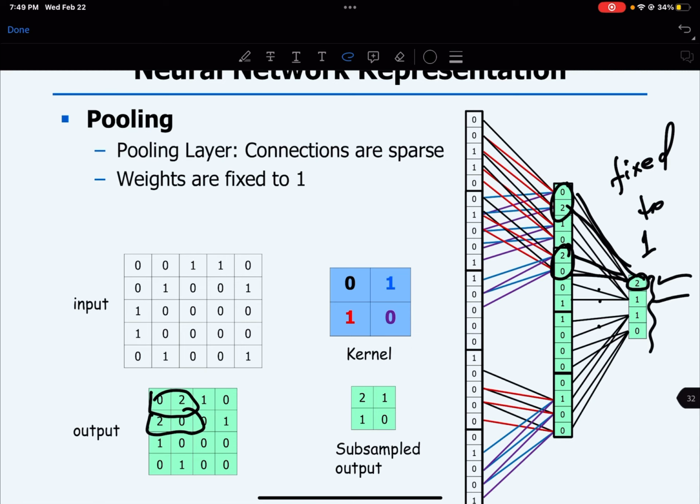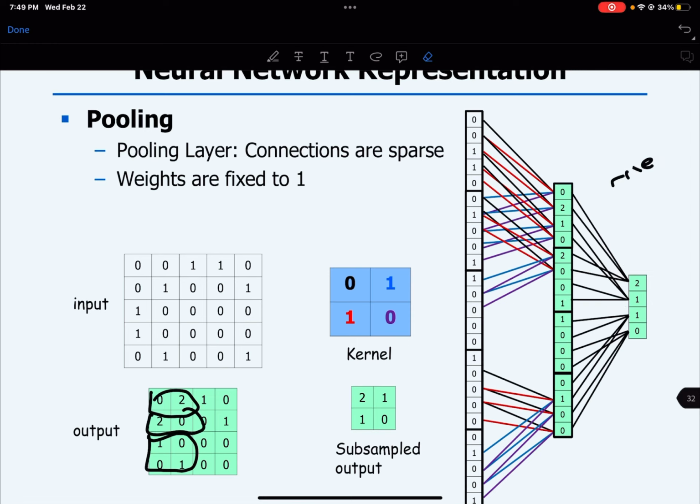Similarly, for the next 1, 0, 0, 1, we get this output 1 and so forth. And here we are not applying any weights, we are just estimating the maximum value under a specific area of interest.